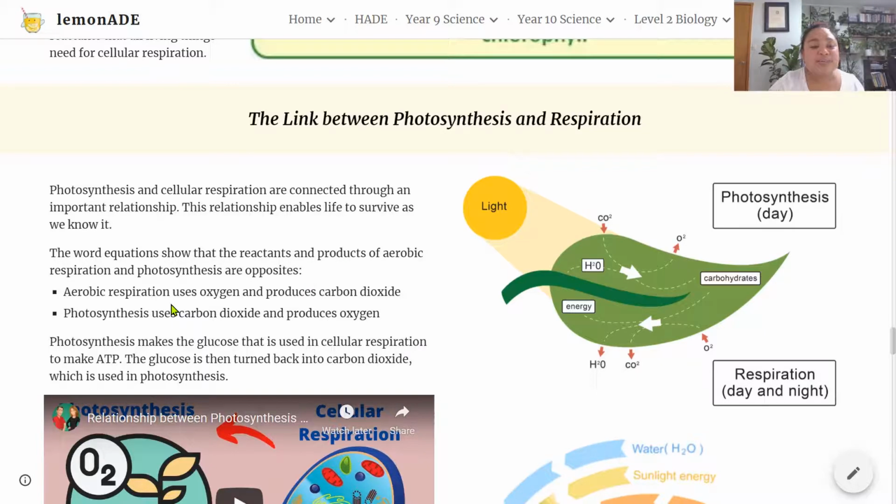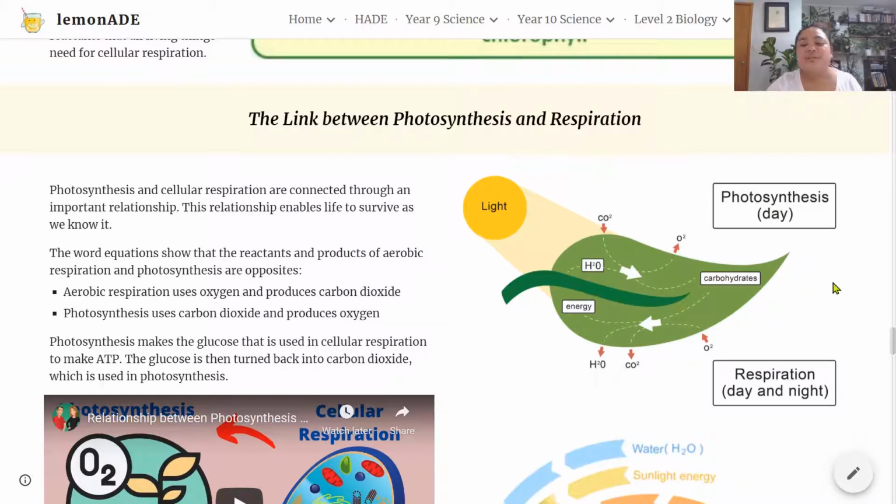So aerobic respiration uses oxygen and produces carbon dioxide, while photosynthesis uses carbon dioxide and produces oxygen. Do you see how they're opposites of each other? Photosynthesis makes the glucose that is used in cellular respiration to make ATP, while glucose is then turned back into carbon dioxide, which is used in photosynthesis, like a cycle.